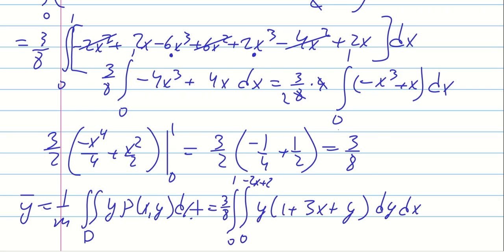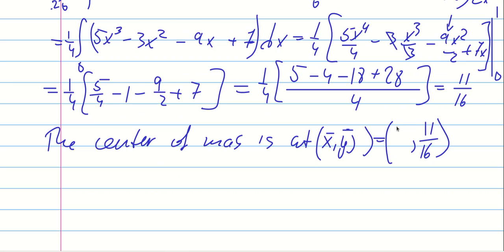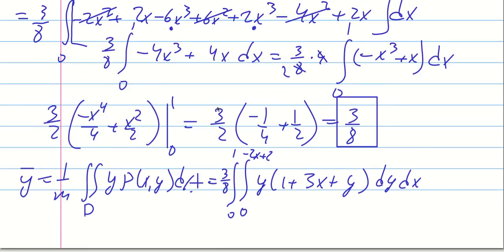This is x bar, 3 over 8. So basically if we put our support at 3 over 8 and 11/16, then it will be in balance.